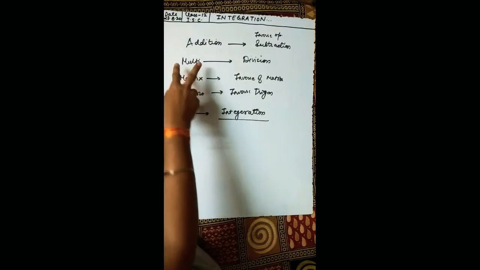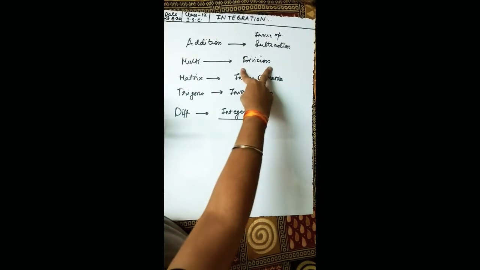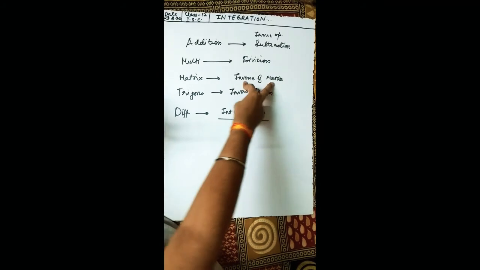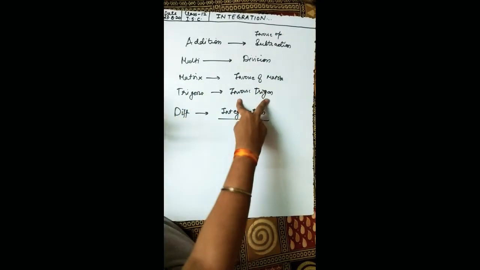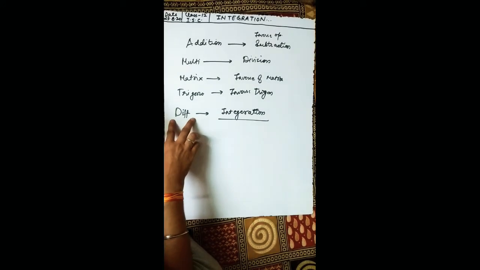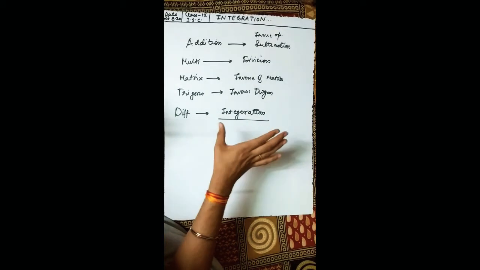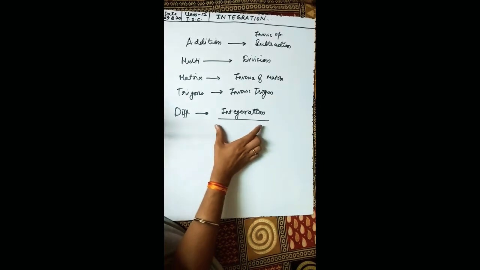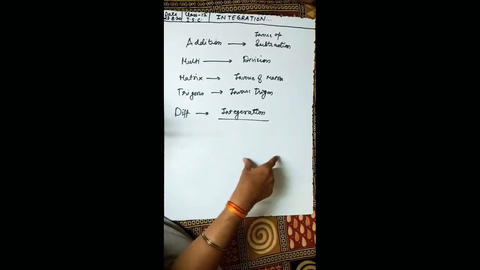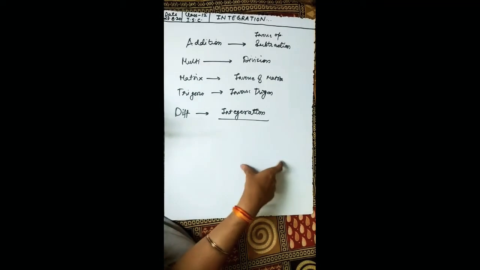And wherever we have multiplication, we have division. Wherever we have matrix, we check for the inverse of a matrix. We have trigonometry, so we have inverse trigonometry also. So similarly, if we have differentiation, then we too have the inverse operator of it, that is called integration, or it is also called anti-differentiation or anti-derivative.